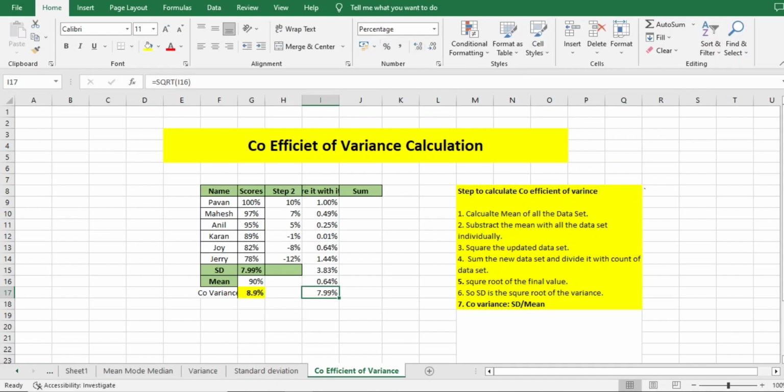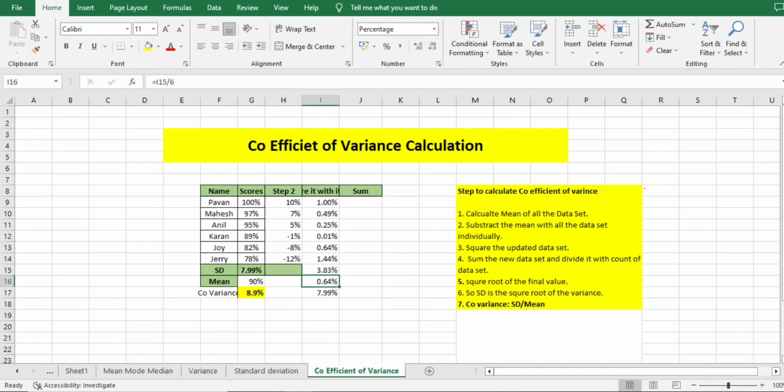Now three things we have calculated. First we calculated the mean. Second, I subtracted the mean from my data set, squared the same values with themselves, and did the sum. I divided the new data set by the number of data points we have, which is 6.